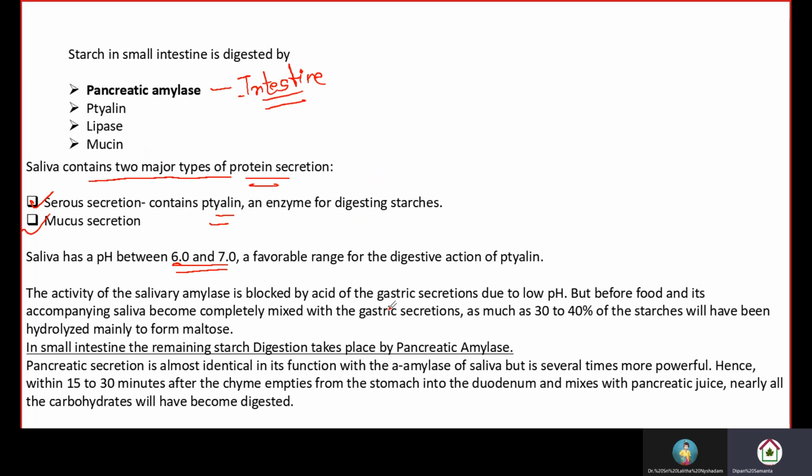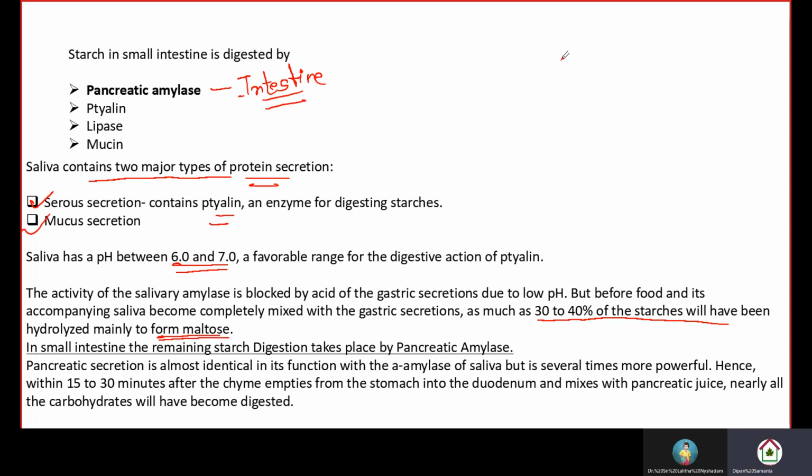Before food and its accompanying saliva become completely mixed with gastric secretion, as much as 30 to 40% of the starches will be hydrolyzed, mainly to form maltose.